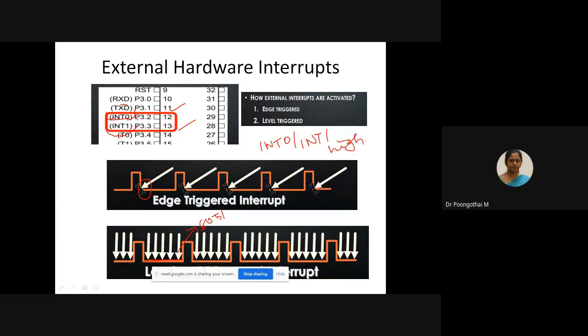So these two are active low signals. This signal should be activated when the particular pin receives a low signal. Active low means that when the signal is low, the signal is activated; if it is high, the signal is not activated. So these two are normally high, and level triggered is the default mode upon reset of 8051.